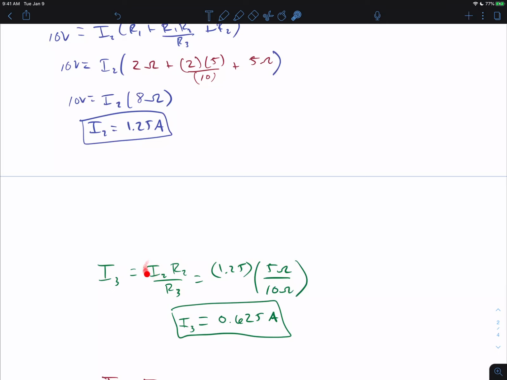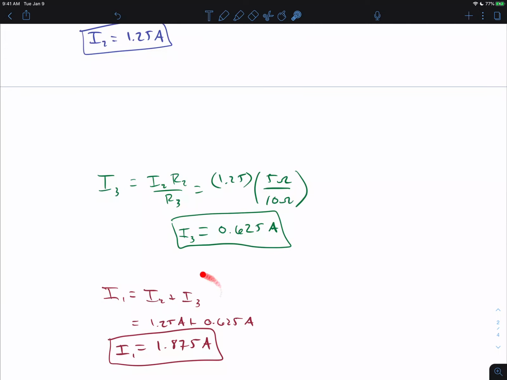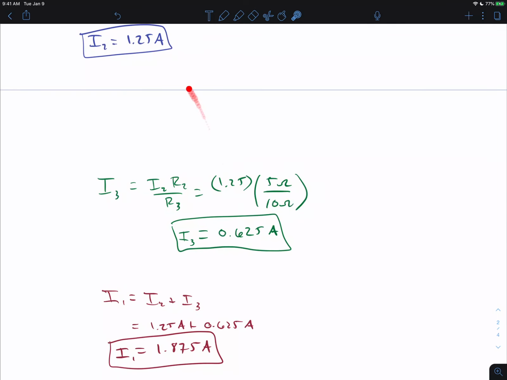So just plugging in my 1.25 here with my resistor values gives me back I3. Okay, and sort of this avalanche effect. Now we know all of these things. I can go back and use my junction rule, just plug in I2 and I3 and get I1, right? So now I've figured out all three of my current values for my resistors by using Kirchhoff's laws, right?